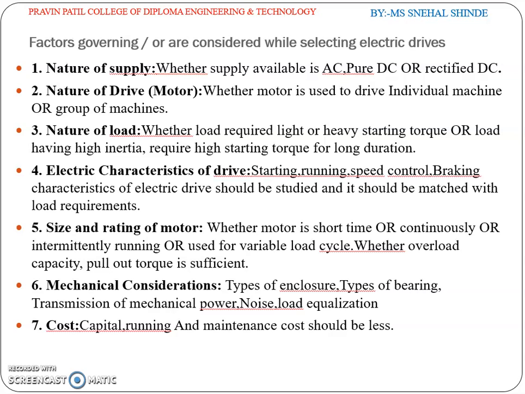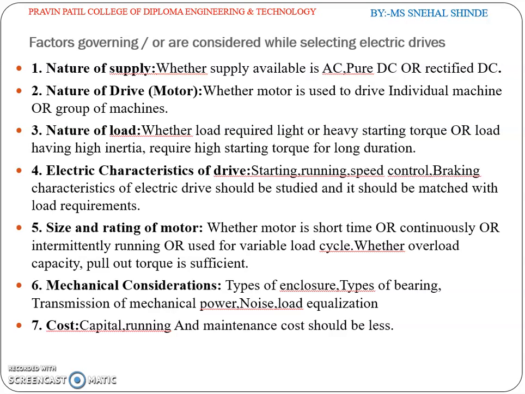Electric characteristics of drive: starting, running, speed control, braking characteristics of the electric drive should be studied and should be matched with the load requirements. Size and rating of the motor: whether the motor is short time, continuously or intermittently running, or used for variable load cycle, whether overload capacity and pull out torque are sufficient.